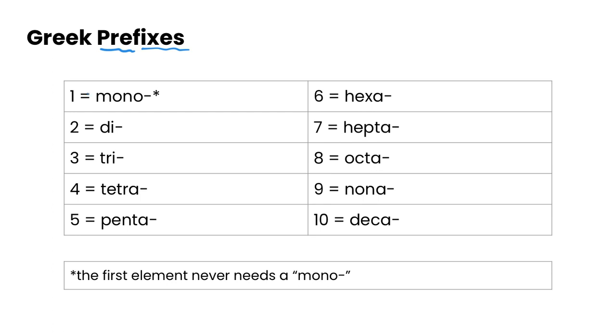So 1 is mono, 2 is di, 3 is tri, 4 is tetra, 5 is penta, 6 is hexa, 7 is hepta, 8 is octa, 9 is nona, and 10 is deca. One other thing to note is that the first element in our name, we never put the word mono in front of it. So we'll see that in a couple of examples in a minute.